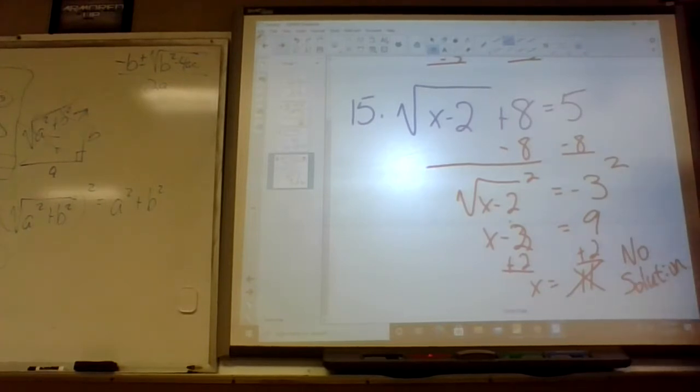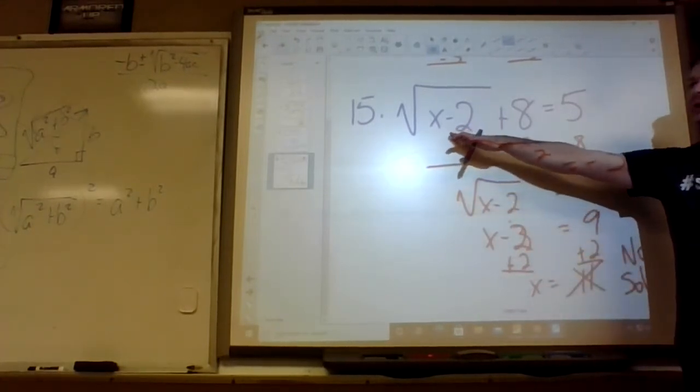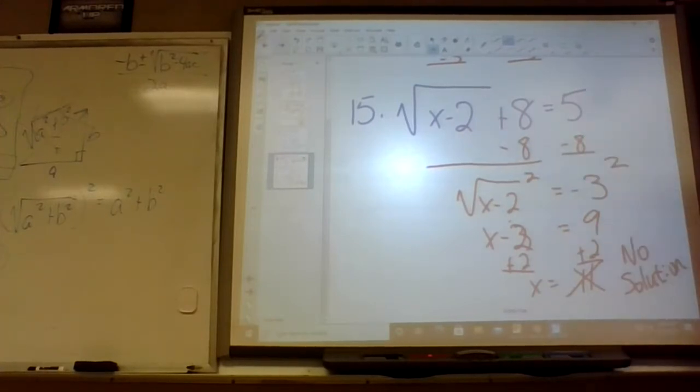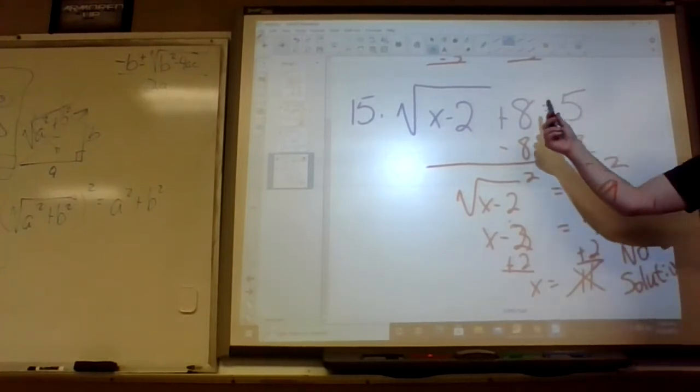We did it right, but when you plug it back in, it doesn't work. That's why I always have to check. You can check on any equation, but you especially need to on these kinds.